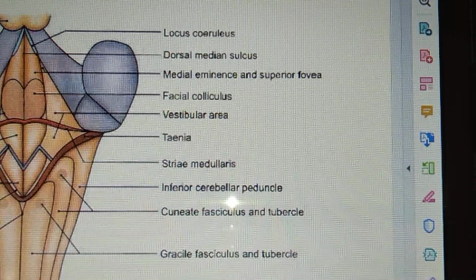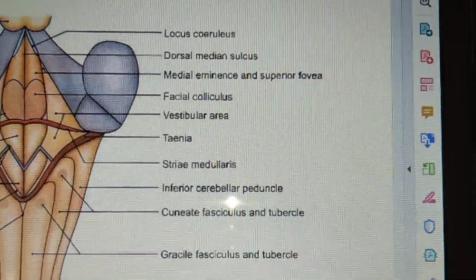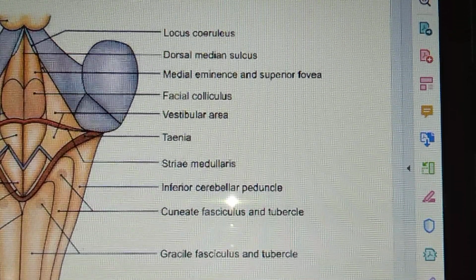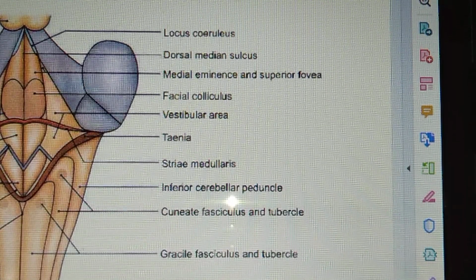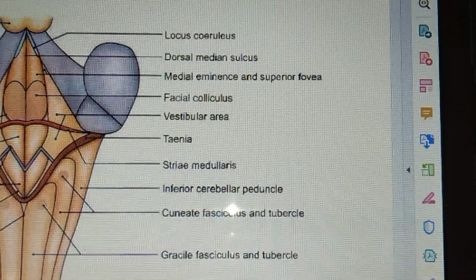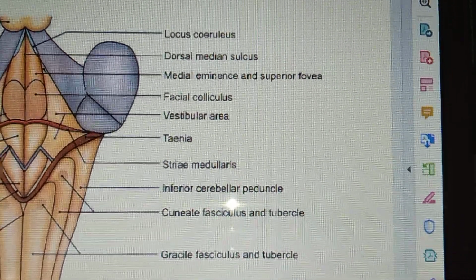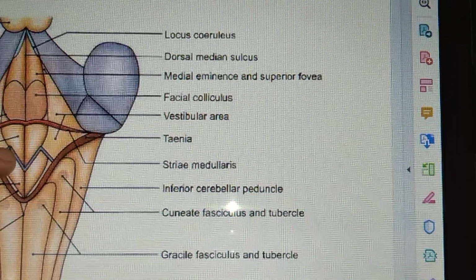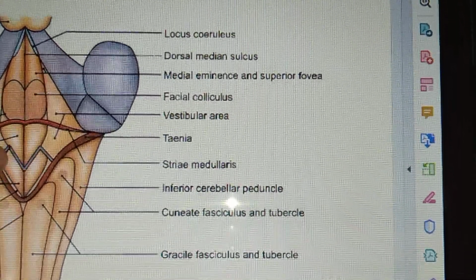In the medullary part of the floor, the sulcus limitans is marked by a depression called the inferior fovea. As you have a superior fovea in the pontine area, similarly in the medullary area there is a depression called the inferior fovea.